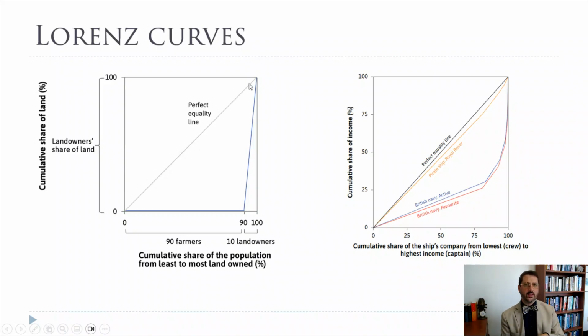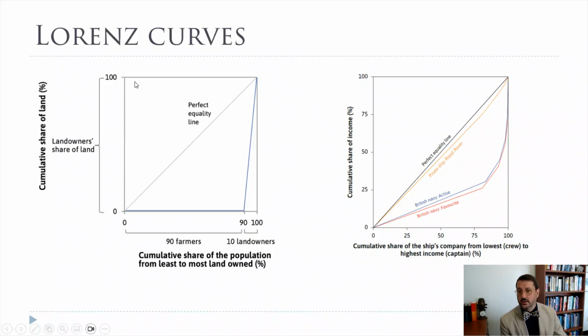And why we call that the line of perfect equality is that if everybody had the same amount of land in this case, then our Lorenz curve, instead of being this line like we have here, would just be a line exactly on that line of perfect equality, right? And we can't get any higher than that. And so that's really what we're comparing our Lorenz curve to. And that's, as we'll see in the next slide, how we're going to calculate our Gini coefficient.